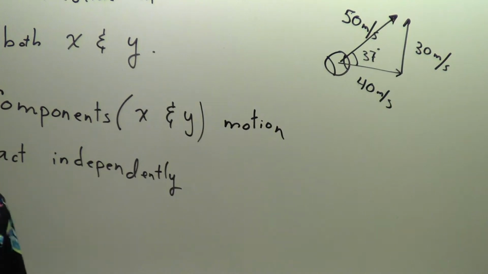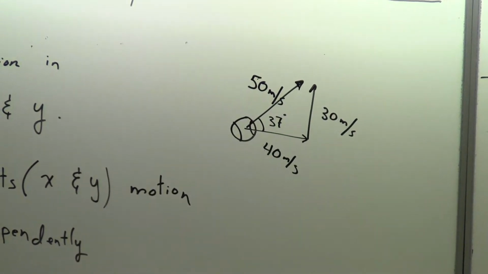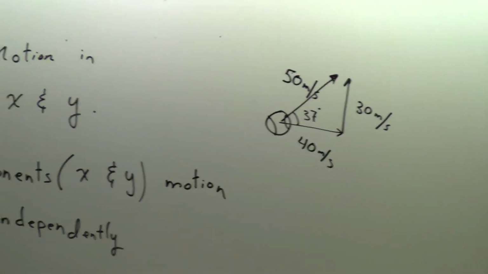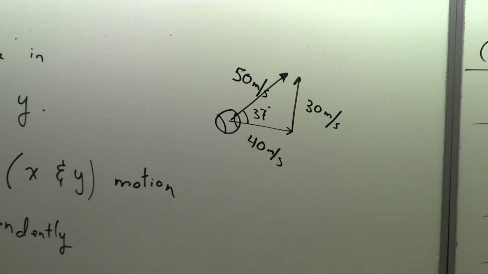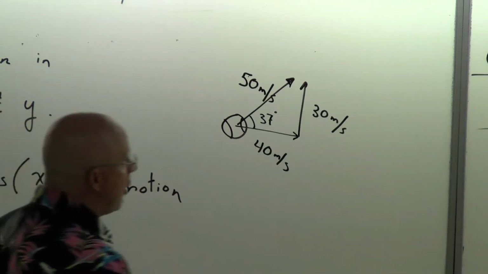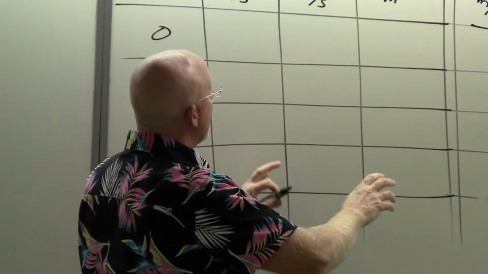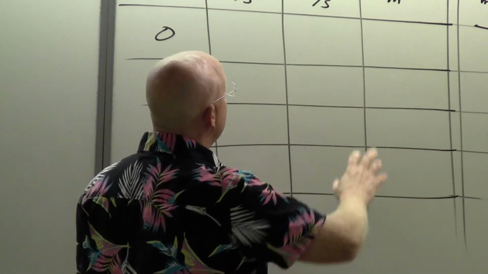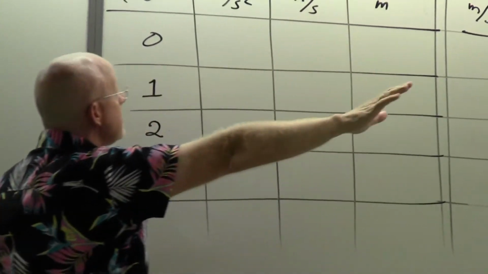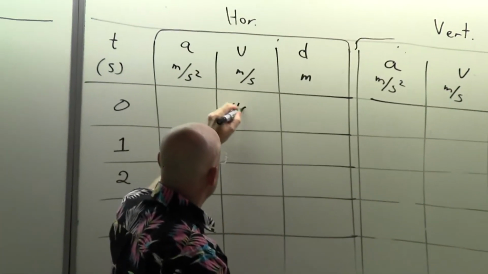And so there's our 3, 4, 5 right triangle, or in this case it's multiplied by 10. So instead of 3 it's 30, instead of 4 it's 40, instead of 5 it's 50. Here's why that's important then. And so when I come over here and I start to fill in this chart, maybe the first thing I would do is say, okay, horizontally it starts off with a speed of 40.